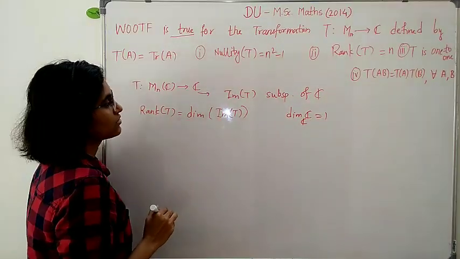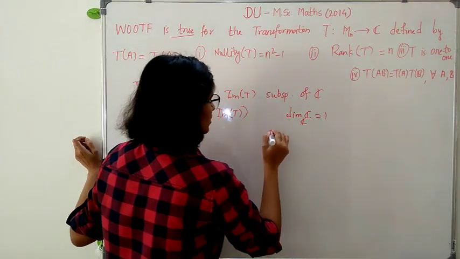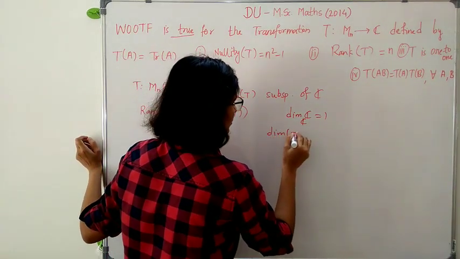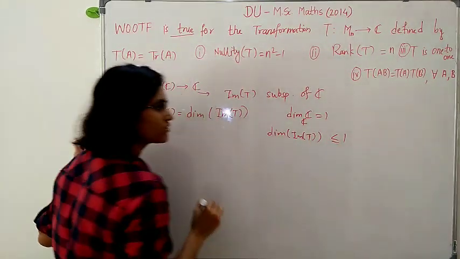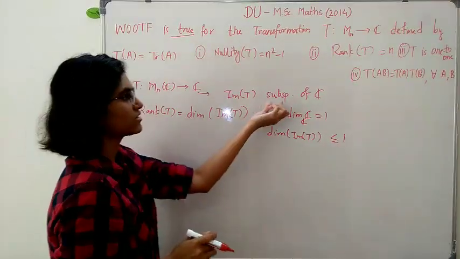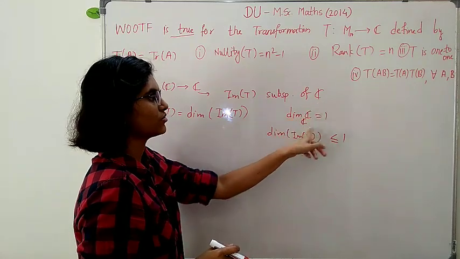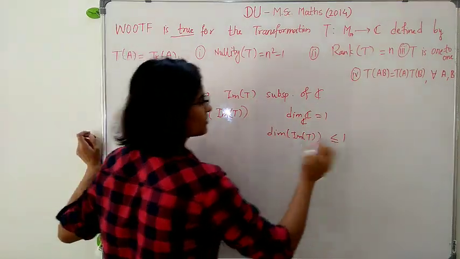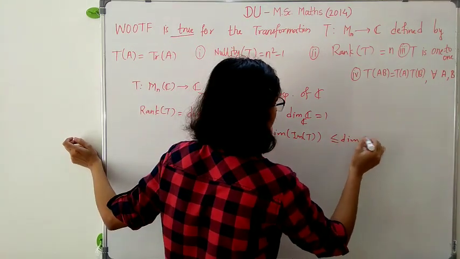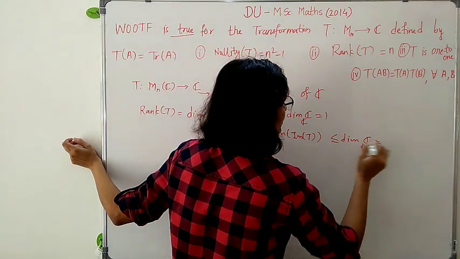Because this is a subspace of C, dimension of image T is less than or equal to the dimension of C over C, which is equal to 1.